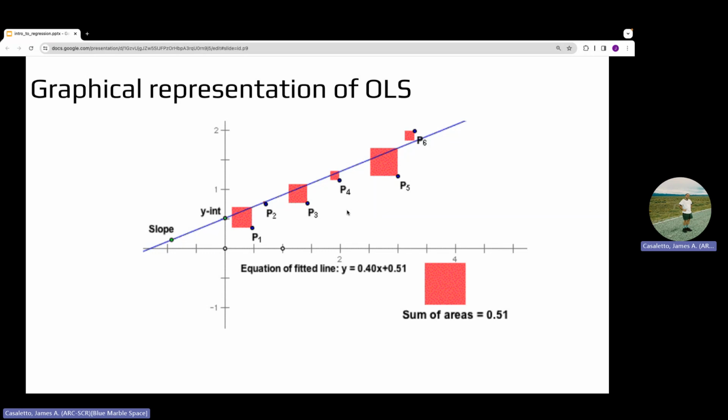The red squares represent the fact that we are squaring the differences. We sum up the squares to get the sum of squares, in this case 0.51. The equation of the line of best fit in this case is given as y equals 0.40x plus 0.51. So the slope is 0.4 and the y-intercept is 0.51.